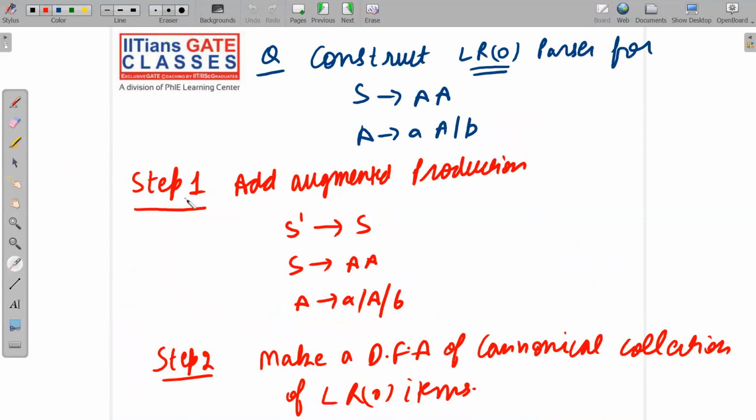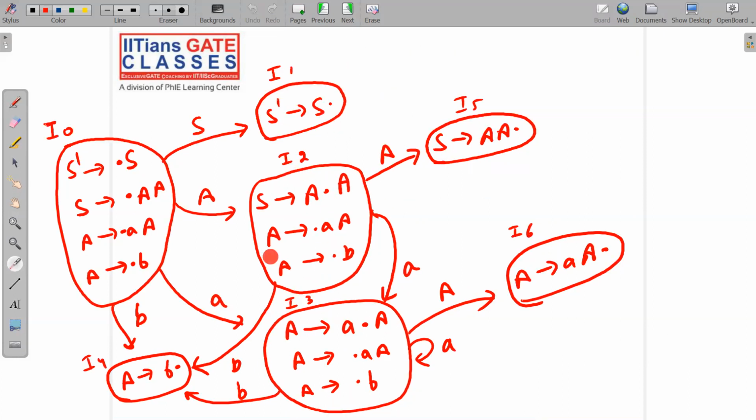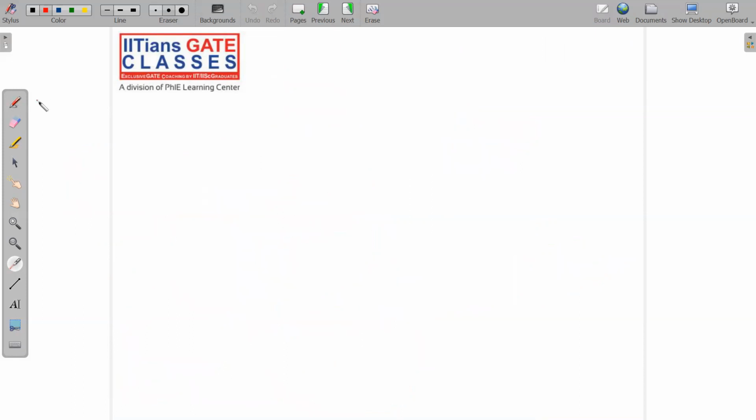So see here, step number 1 was augmented production, step number 2 is DFA construction. So we have done DFA construction. Now I will make the table. For making the table, I will write row state numbers: state number 0, 1, 2, 3, 4, 5, 6, and 7.